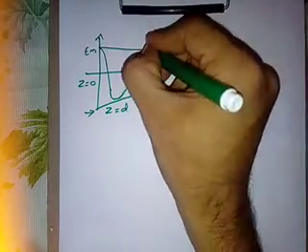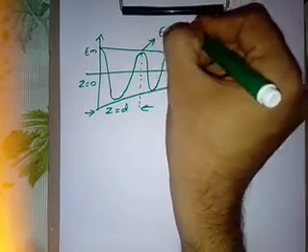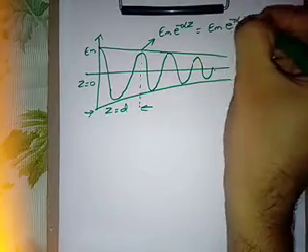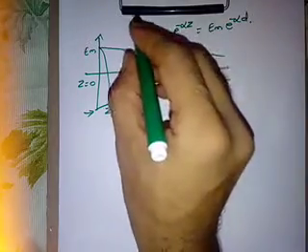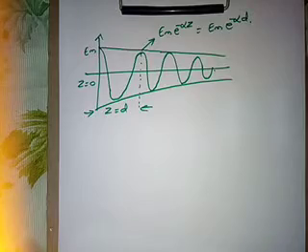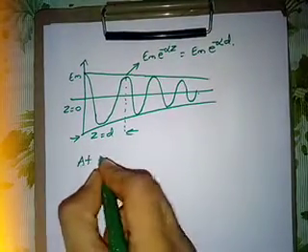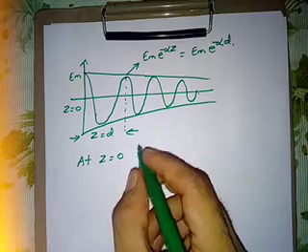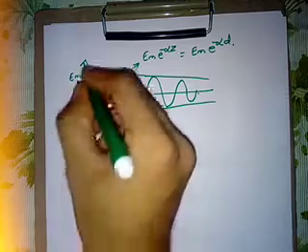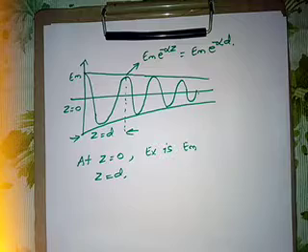So here the amplitude will be Em into e raised to minus alpha z, that is Em into e raised to minus alpha d, because z is equal to d. So what we have here, at z is equal to 0, the component of Ex is Em, but at z is equal to d, what will be the amplitude?